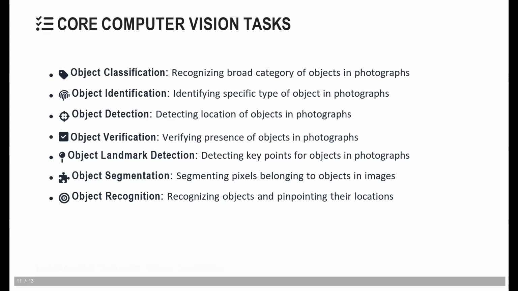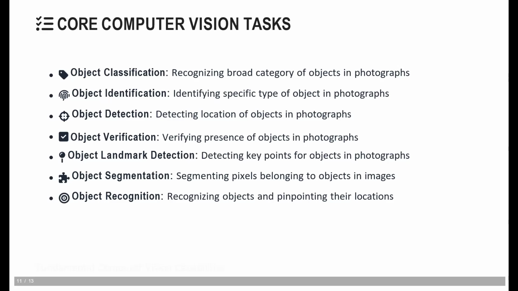Object identification, identifying the different types of objects. Among the different objects also, we can identify different features. Suppose we have a collection of purses, whether it is black, gray or red, or purses of different brands. So we can recognize all those things.